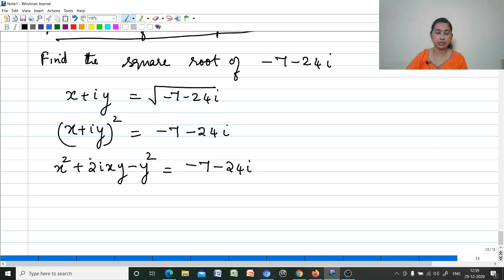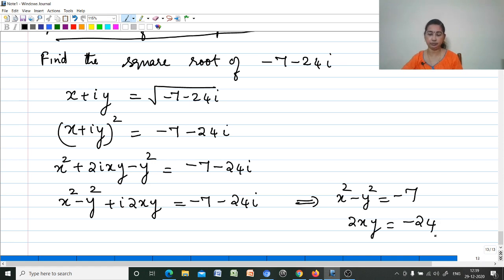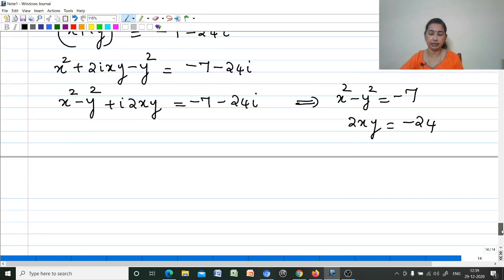The real part and imaginary part we can write together: x square minus y square plus i into 2xy is equal to minus 7 minus 24i. Now comparing the real part, x square minus y square is equal to minus 7, and 2xy is equal to minus 24.